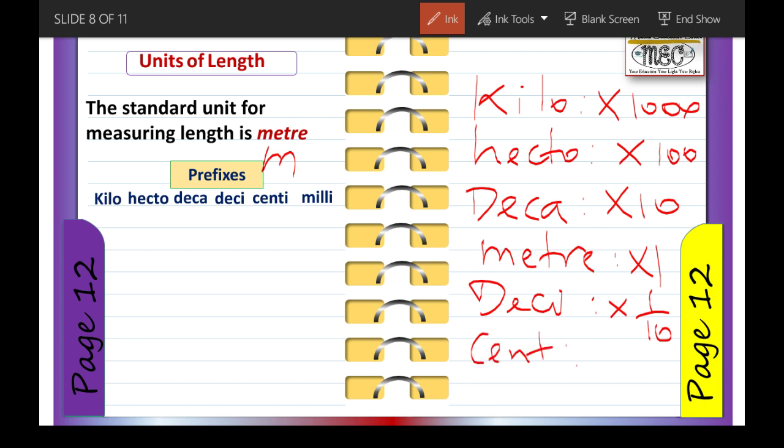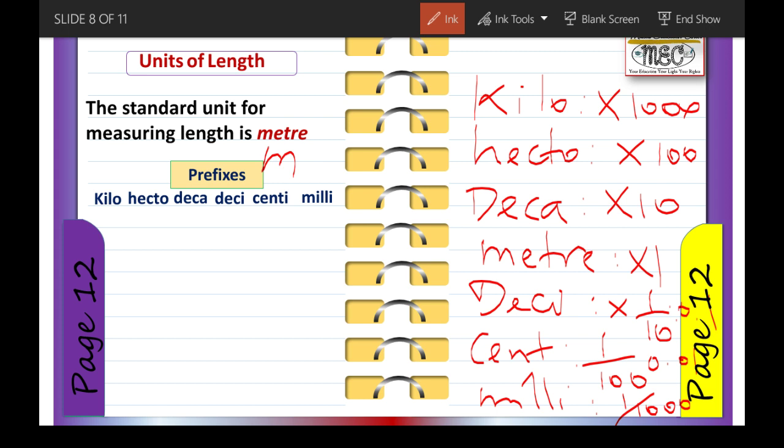Centi means 1 out of 100. So this is equal to 0.1. This is 0.01. And then milli means 1 out of 1,000. That is why when you know this, you will be able to convert.